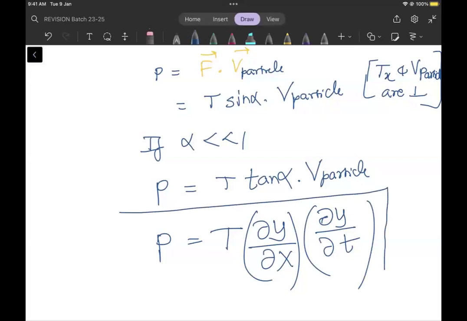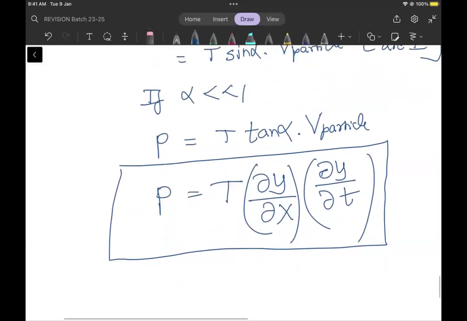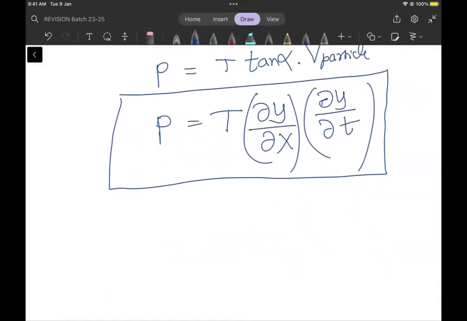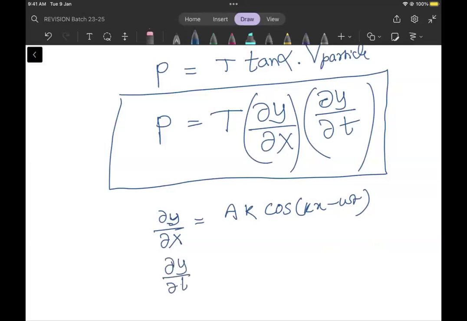There is a minus sign also lurking here somewhere, but we are not bothered with that, because हमको जो याद रखना है वो याद रखना है कि अगर हमसे पावर पूछा गया तो T del y by del x into del y by del t होएगा, and of course del y by del x will be equal to A k cos(kx minus omega t) if the equation of the wave is y is equal to A sin(kx minus omega t), and del y by del t is equal to A omega cos(kx minus omega t).